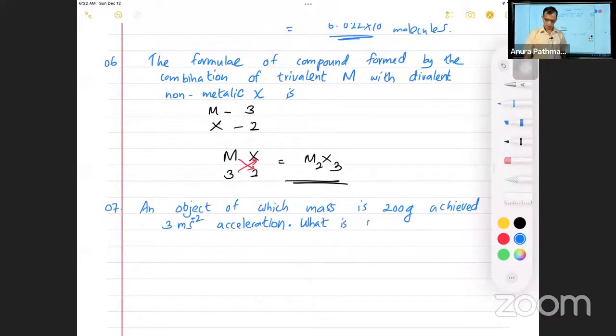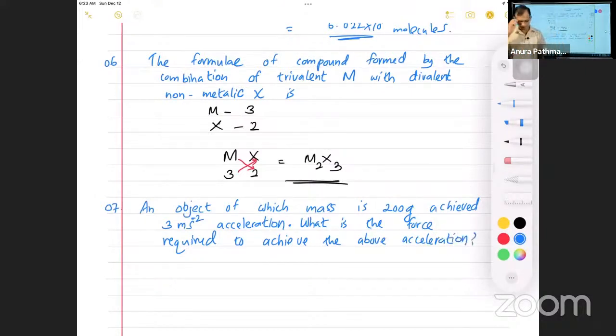What is the force required to achieve the above acceleration?